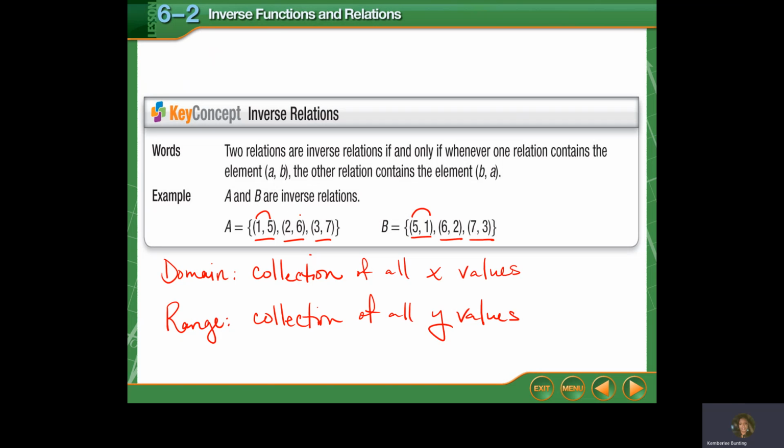In set A, we have the ordered pair (2, 6). But in set B, (2, 6) becomes what? (6, 2). And then finally, (3, 7) became what? (7, 3). X and Y switch places, Alexis. Put your phone away. Make sense? Okay. X and Y switch places.